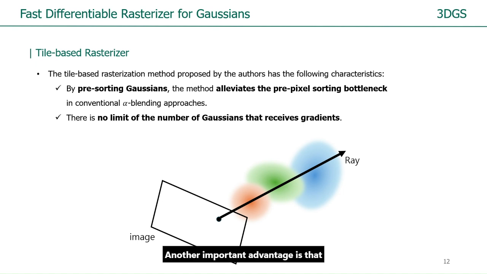Another important advantage is that there is no limit on the number of Gaussians that can receive gradients during optimization. This allows stable optimization even in highly complex scenes containing a large number of Gaussians.